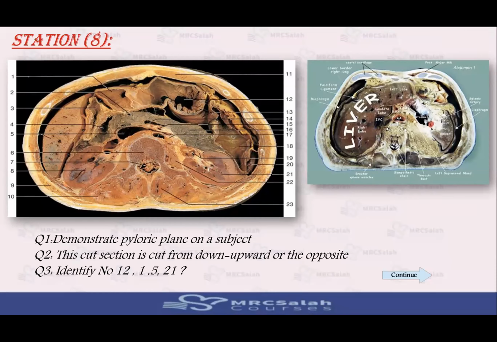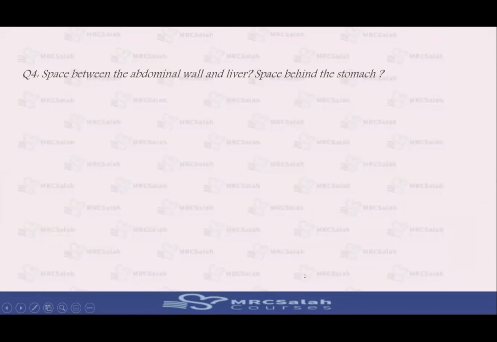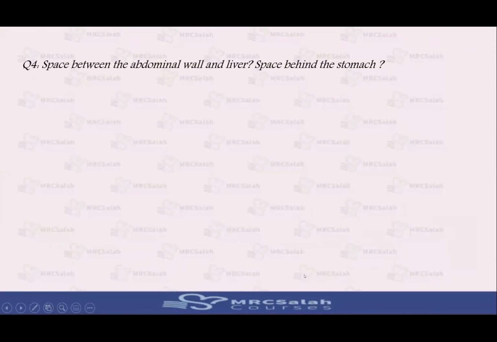Structure number 21? Yes, the left kidney. Okay. The space between the abdominal wall and the liver? Subphrenic space. Okay. And the space behind the stomach? Lesser sac.